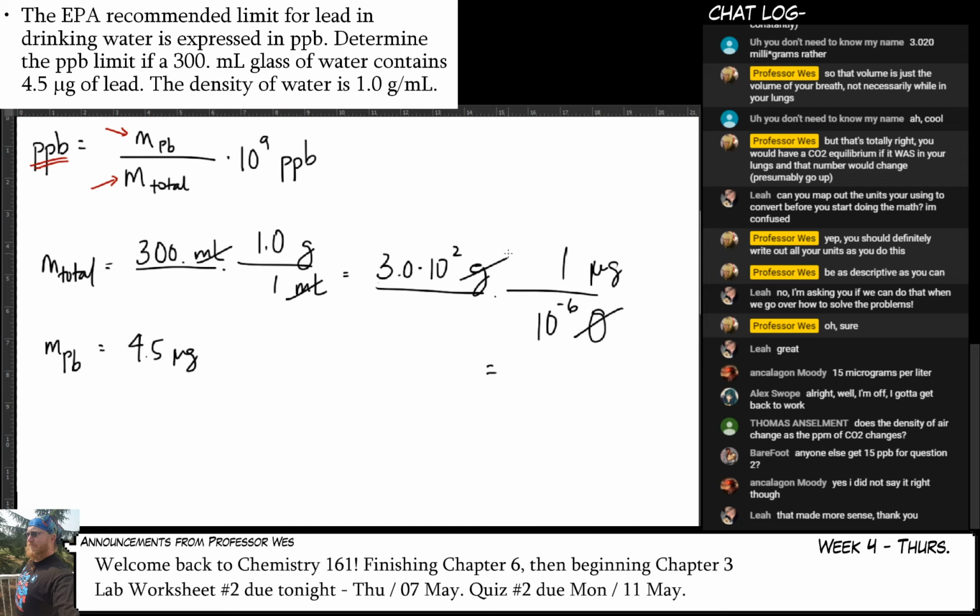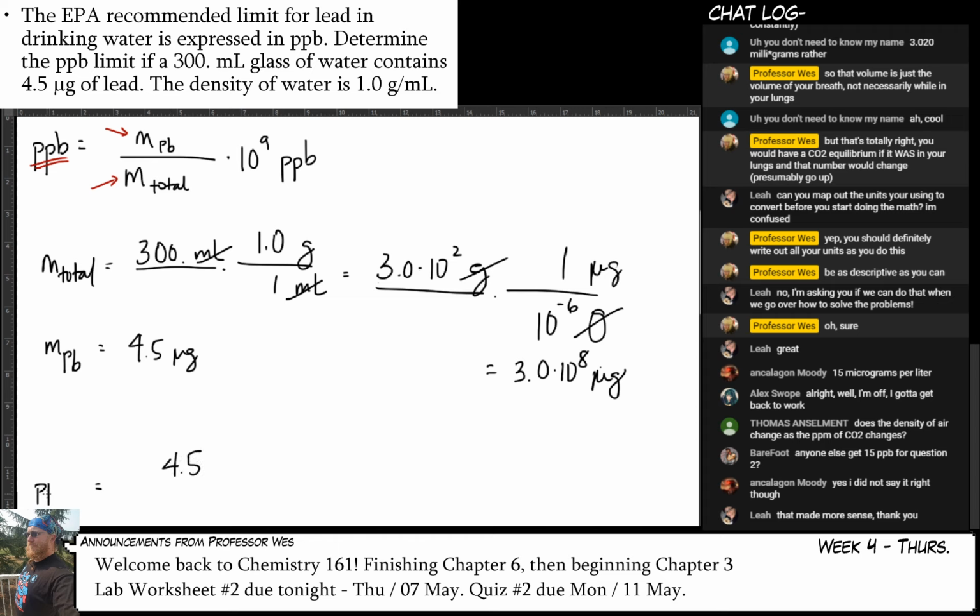Should be 3 times 10 to the 8. I don't know why I'm playing with my calculator to get it to say that. There we go. So that's the mass total of the solution: 3 times 10 to the 8 micrograms. The amount of lead I had in there is 4.5. So I feel pretty safe saying that this number is going to be kind of small.